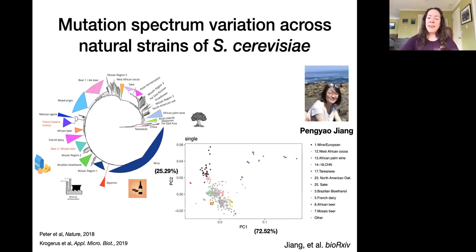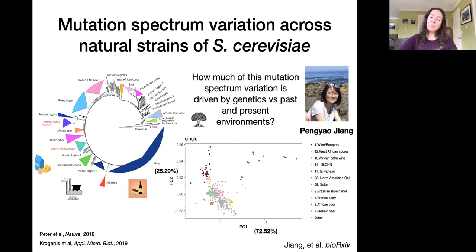When my postdoc, Penyao Zhang, did mutation spectrum PCAs of all these yeast, we saw the kind of structure that we now expect because we've seen it everywhere we've looked: differences among the populations that suggest mutational processes have different biases in different yeast lineages.